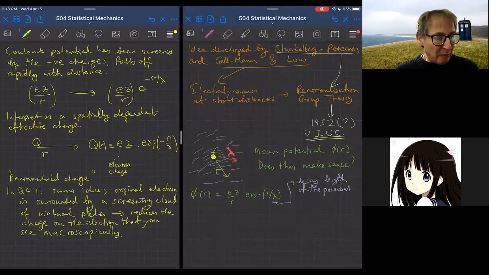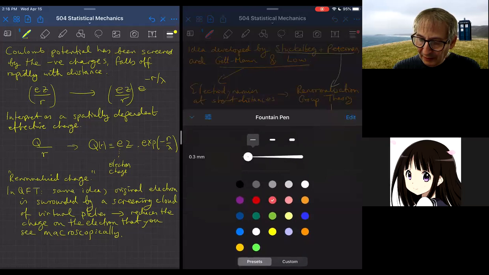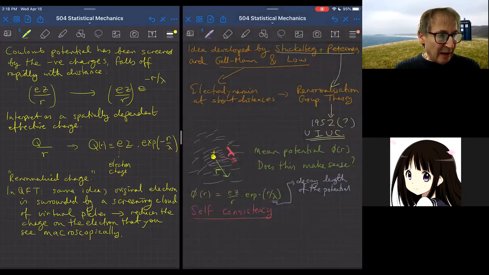So what we need then is a notion of self-consistency. Now, why do we need a notion of self-consistency? Well, the point is this: we need there to be many negative particles within the distance lambda.